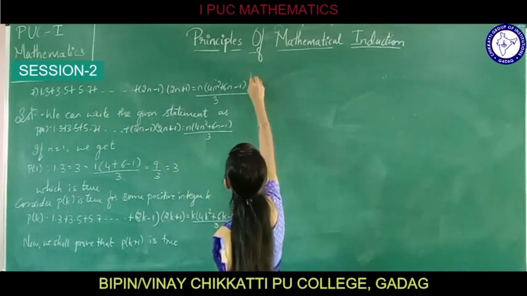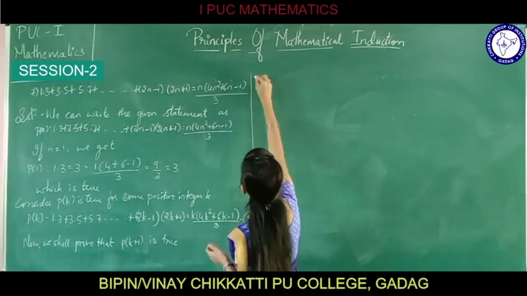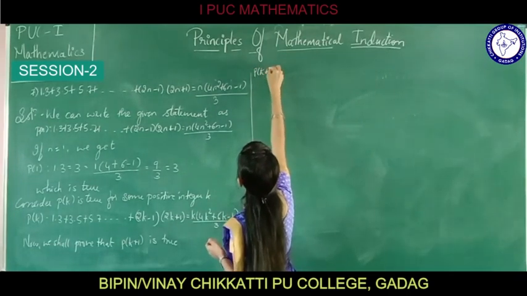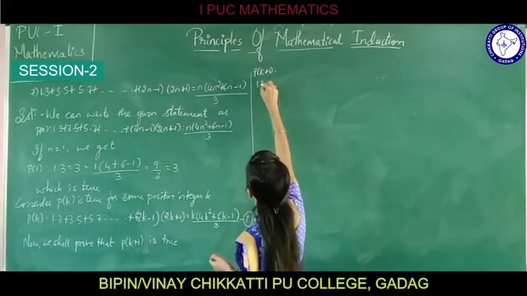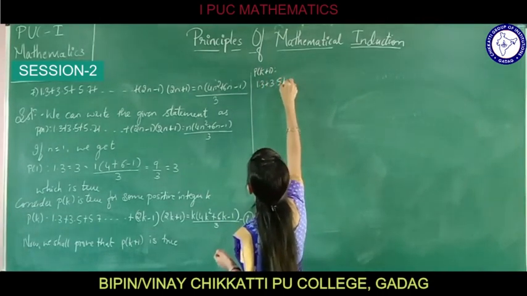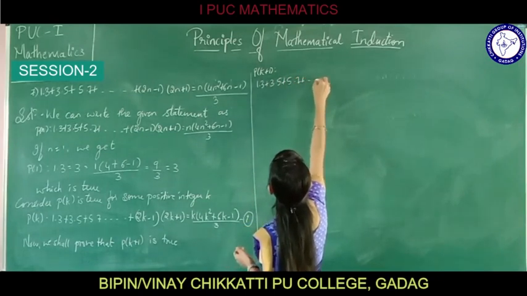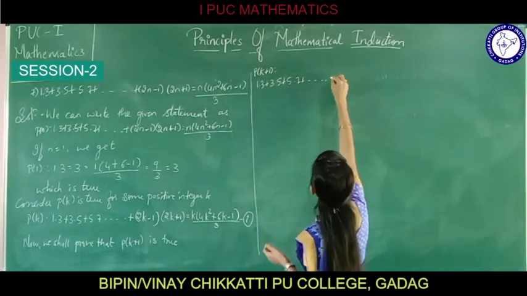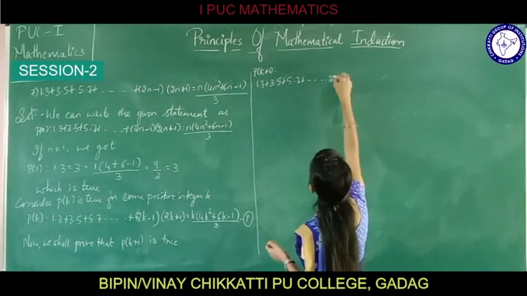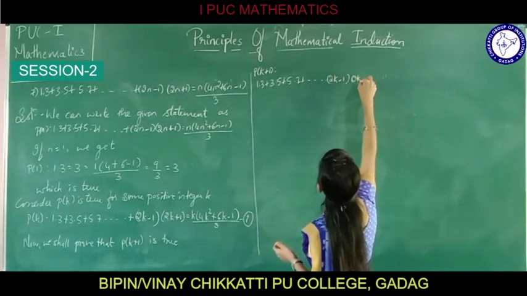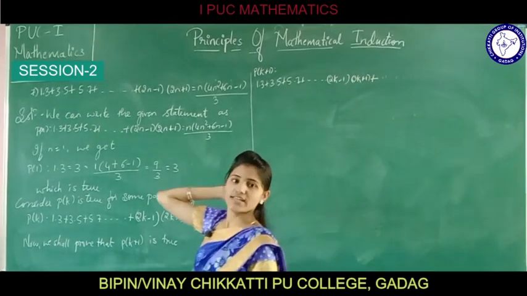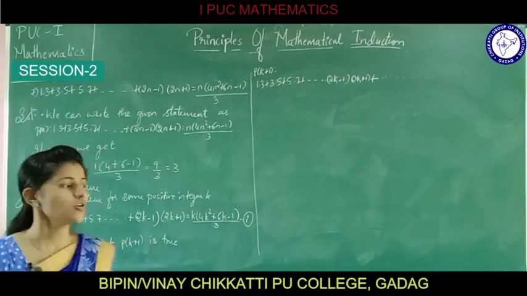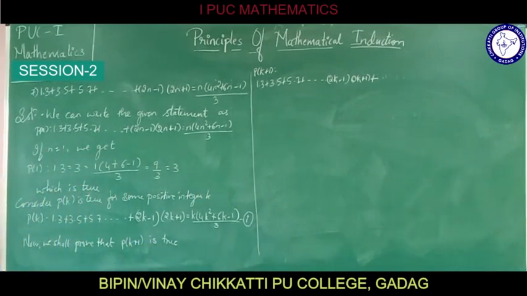P of k plus 1 such that we have 1 into 3 plus 3 into 5 plus 5 into 7 so on up to 2k minus 1 into 2k plus 1 plus the next term. We are going to write it for the k plus 1th term.